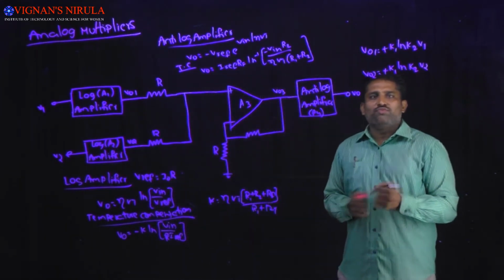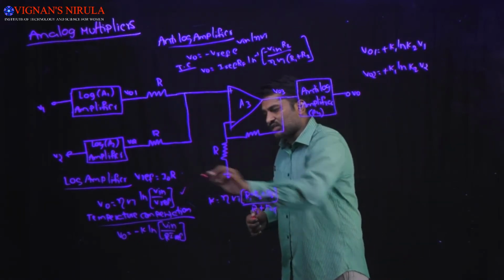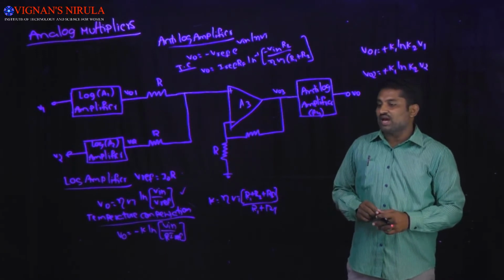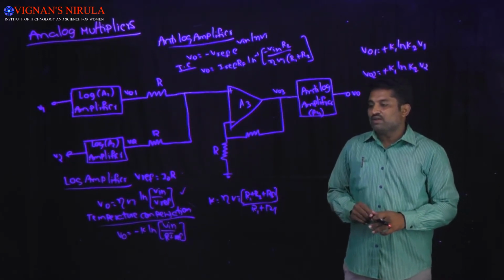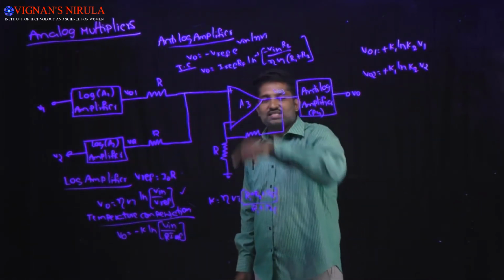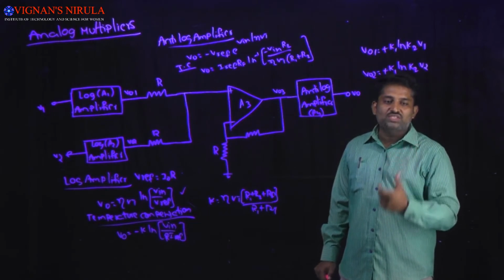For equations 1 and 2, the reference equation we are considering is V0 equal to eta into Vt ln of Vin divided by V reference, and here A3 is used as a non-inverting amplifier whose gain is unity.